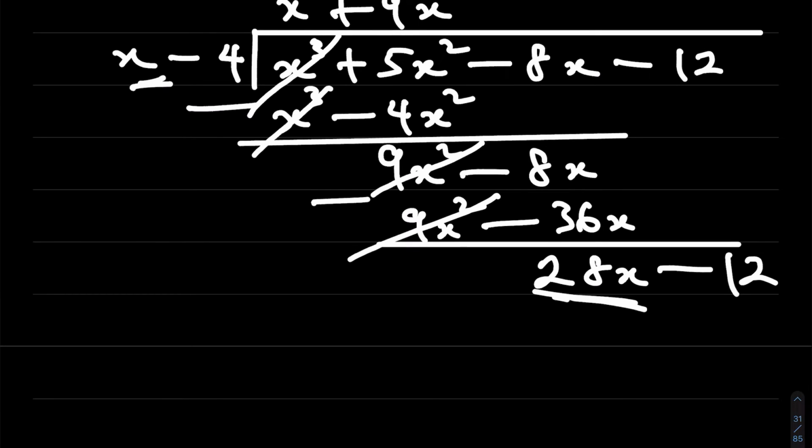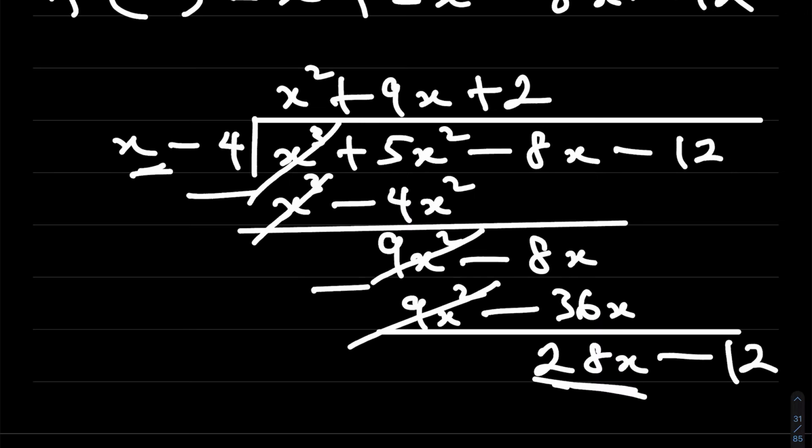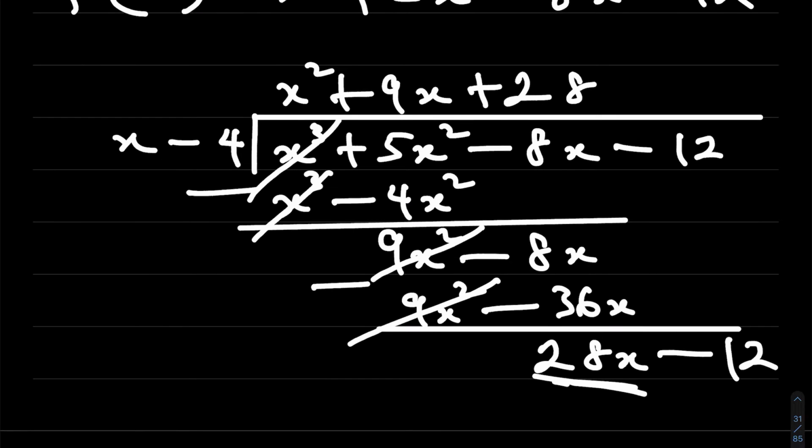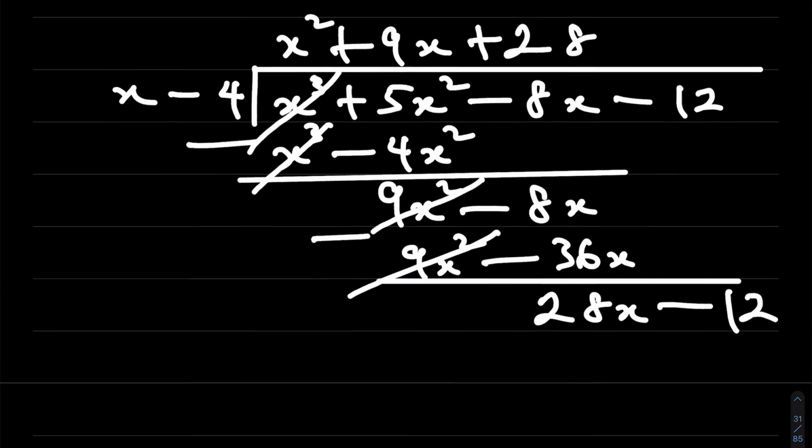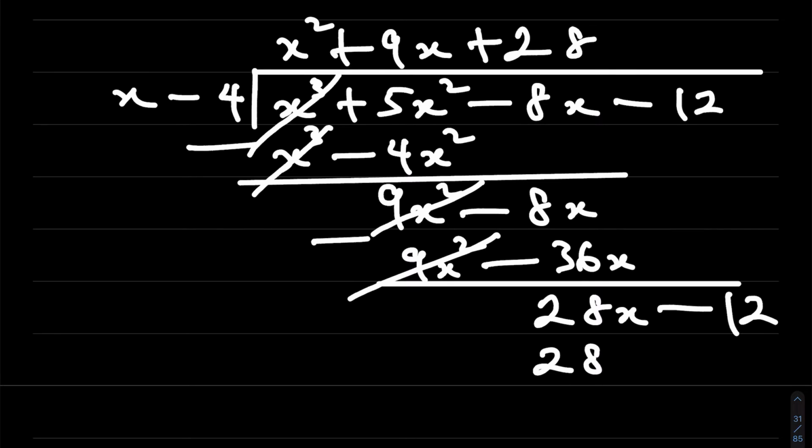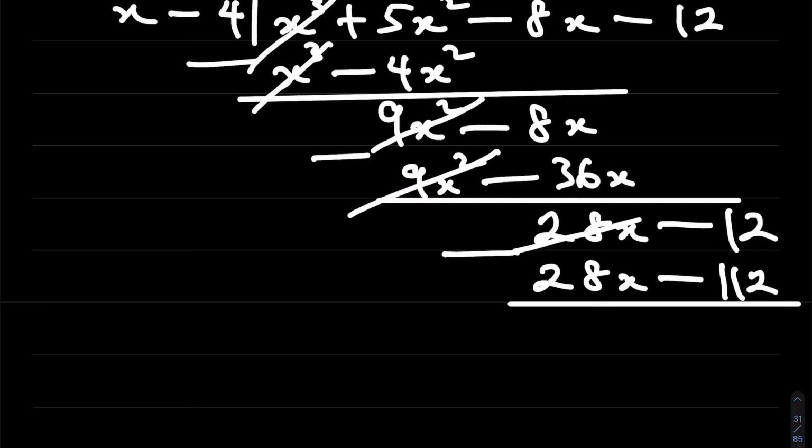28x divided by x is 28. And then we multiply again as usual. X times 28 is 28x. Minus 4 times 28 is minus 112. And then we subtract. 28x minus 28x is 0. Minus 12 plus 112 is 100.